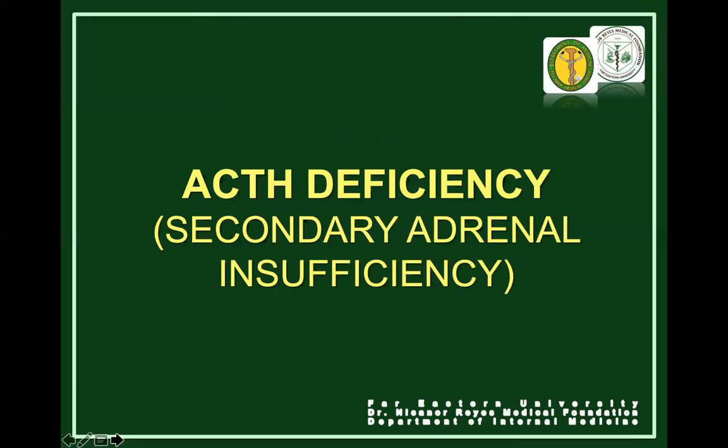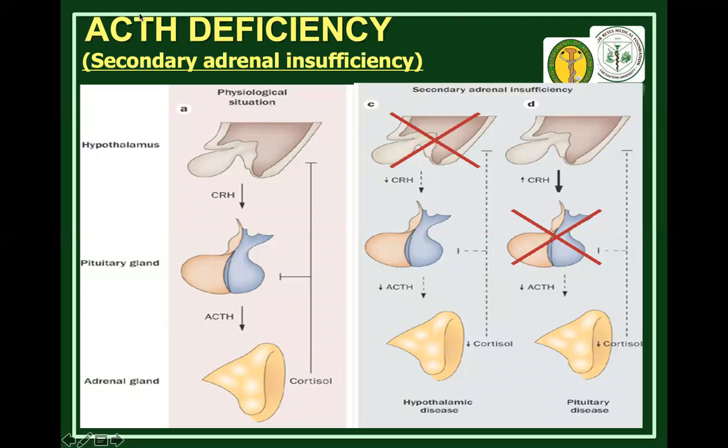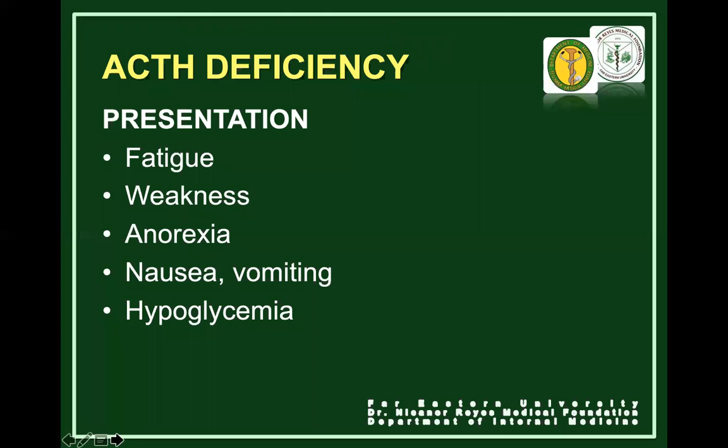Now, how about ACTH deficiency, or what we call secondary adrenal insufficiency? We've emphasized earlier the importance of the HPA axis. You can have adrenal insufficiency if your pituitary is out, wherein you have a low ACTH. However, in hypothalamic disease, your CRH is out, your ACTH is also low, and your cortisol will also be low. Again, very non-specific presentation.